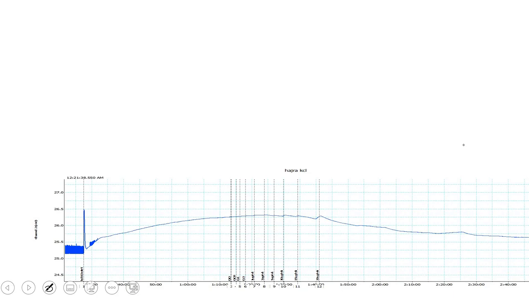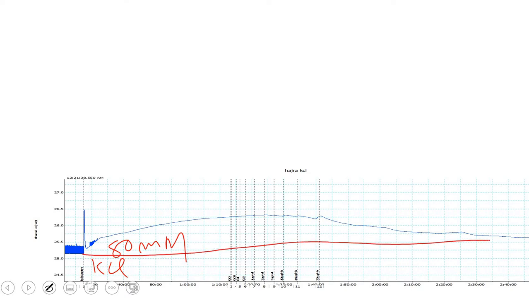When relaxant activity in rabbit jejunum preparation is there, then we test it in the presence of high molar potassium chloride induced contraction, especially the 80 millimolar potassium chloride induced contraction. If it is relaxed, it means that the molecule potentially has voltage gated calcium channel blocking activity. This is the baseline, and here again this is the control response.